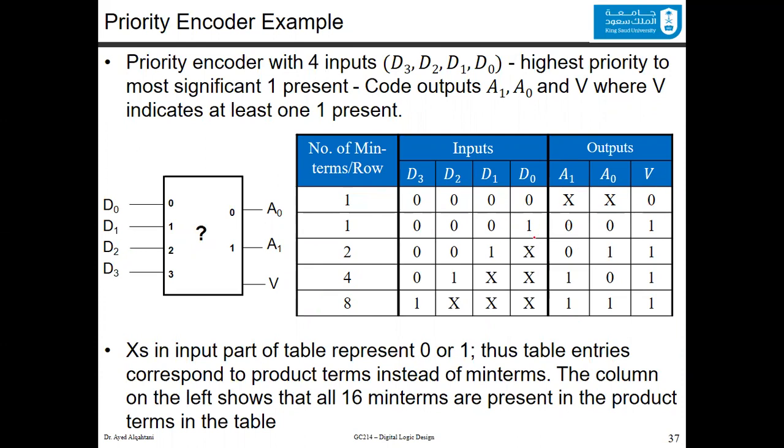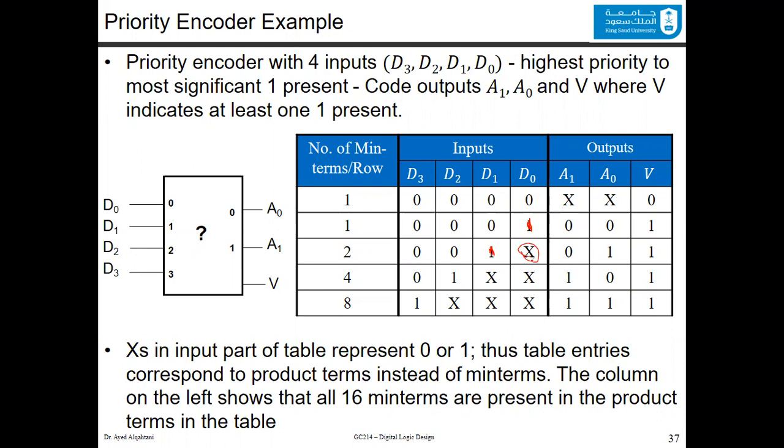The other codes, you have one somewhere. This is why V is equal to 1. Now, if you have 1 in position D0, then the code is 0, 0. Now, if you have 1 in the position D1, regardless of what's the value here, whether it's 0 or 1, then the output would be the code 1, 0.